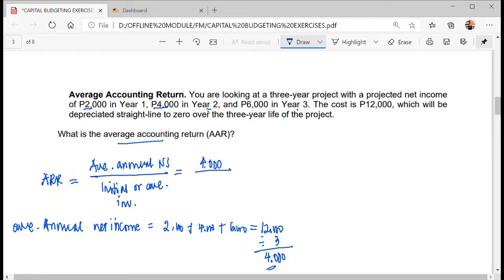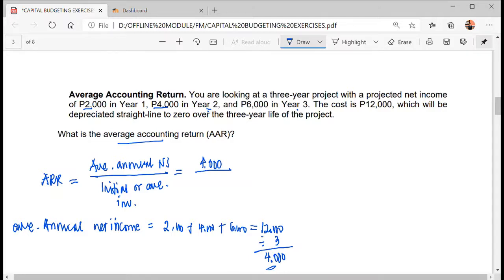So, the denominator depends on what the problem requires. The problem may say average accounting return based on initial investment or based on average investment. But if the problem is silent, you can use the initial investment.